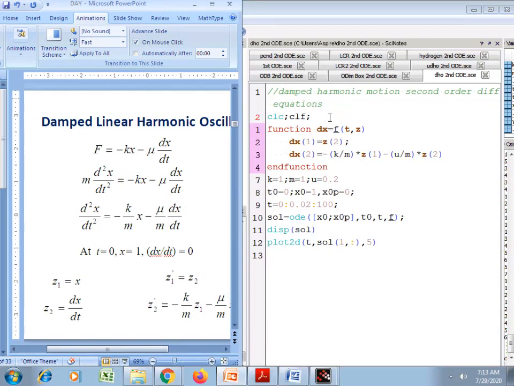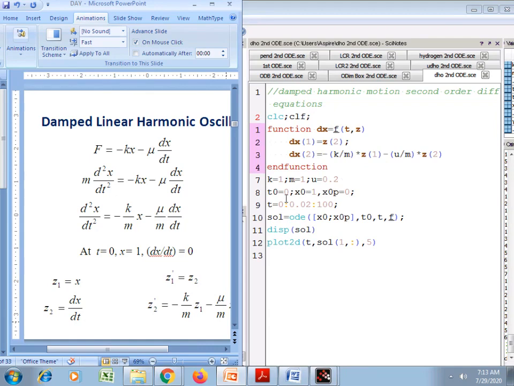So here is the code in Scilab for damped harmonic motion. The code starts with the CLC and CLF commands. The function defined is dx equal to f of t, z, where dx1 is z of 2 and dx2 is equal to minus k by m times z of 1 minus mu by m times z of 2. End function. Then I have set the values of the constants k, m and mu.